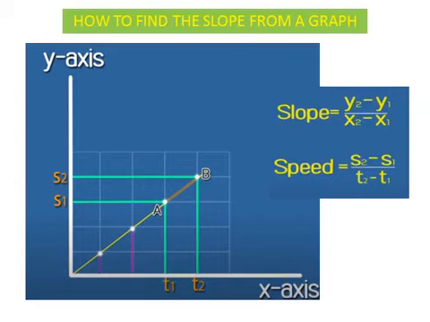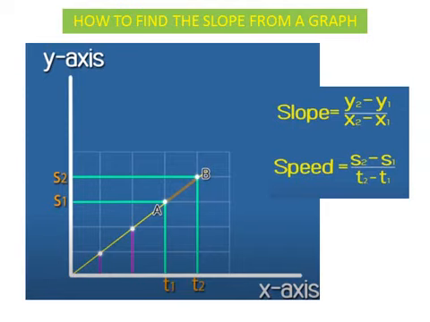Now let us take that distance as S1 for the point A. Similarly, you draw again a parallel line to the x-axis where it touches the y-axis at the point S2. So for the point A, the coordinates are S1, T1, and for the point B, the coordinates are S2 and T2.